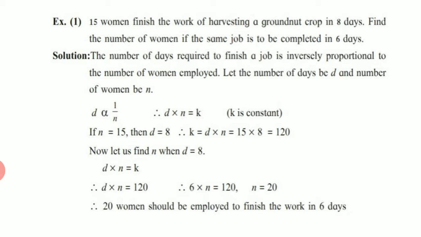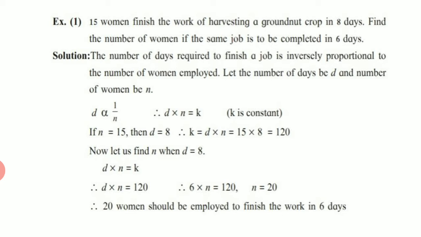Let the number of days be d and number of women be n. D alpha 1 upon n. Therefore, d into n is equal to k, where k is a constant. If n is equal to 15, then d is equal to 8. Therefore, k is equal to d into n is equal to 15 into 8 is equal to 120.